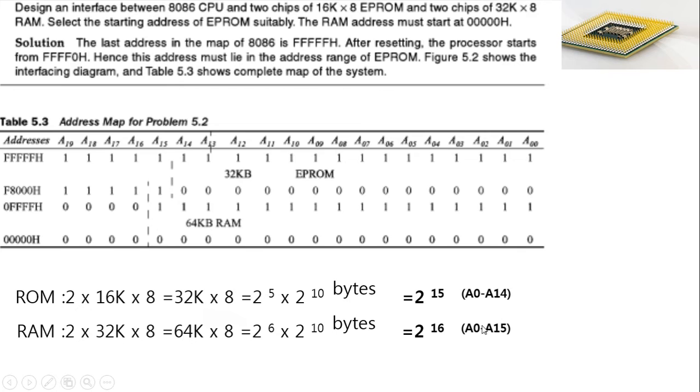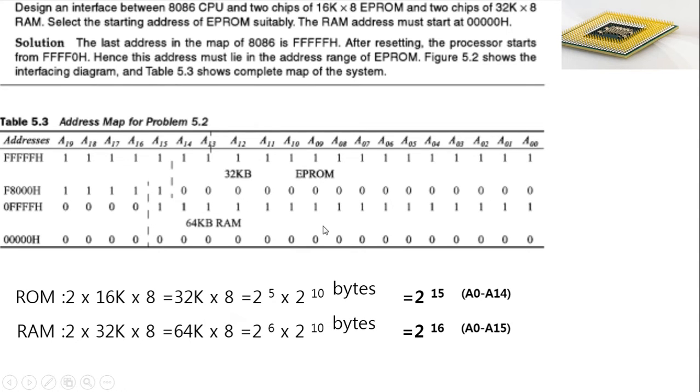Here for ROM memory, a total of 15 bits are required for addressing each of the bytes in this 32 KB of ROM memory. So the first 15 bits, A0 to A14, are used for addressing ROM bytes, from 15 0s to 15 1s. All address values in this range are used for addressing bytes of EPROM.